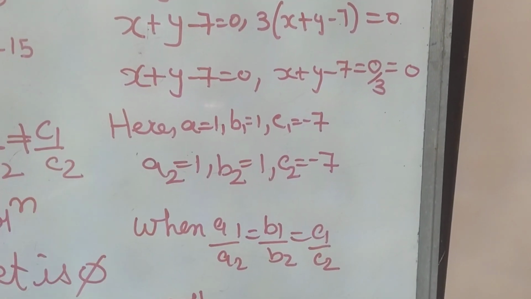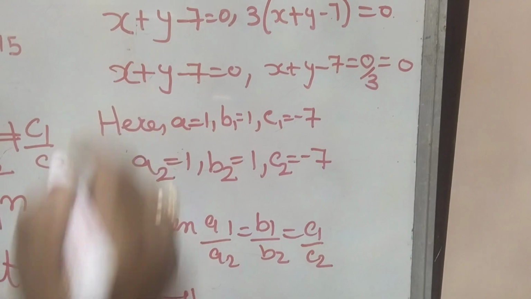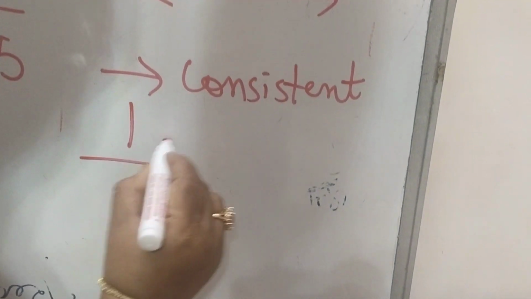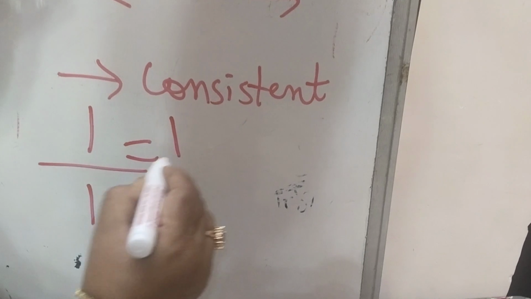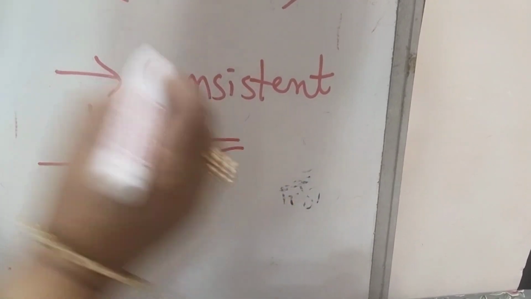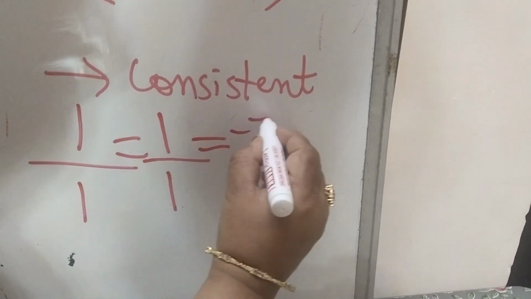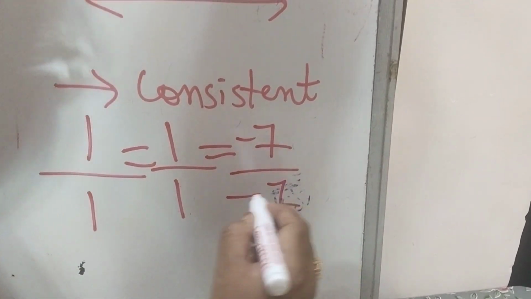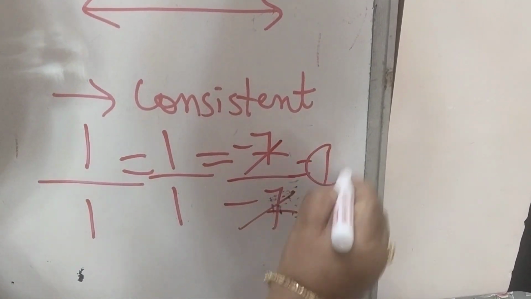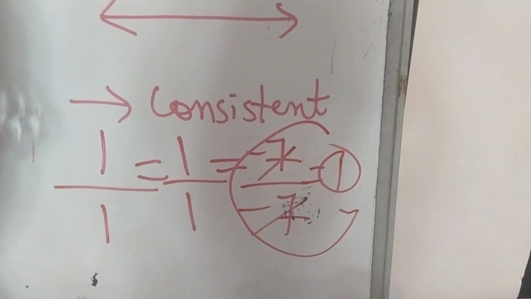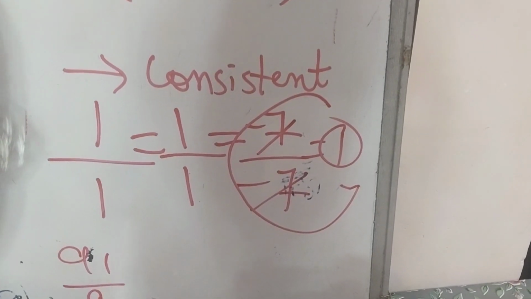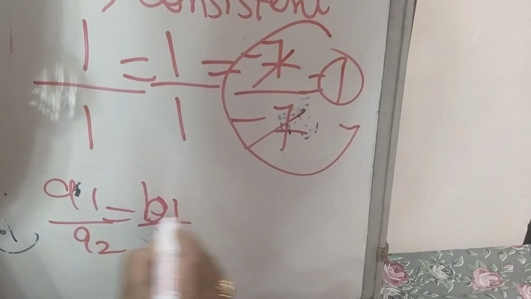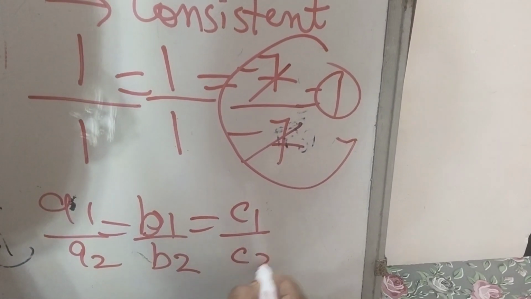Here what is A1? Student, what is A1 here? 1. What is A2? 1. What is B1? 1. What is B2? 1. What is C1? Minus 7. What is C2? Minus 7. Okay, so A1 upon A2 equal to B1 upon B2 equal to C1 upon C2.